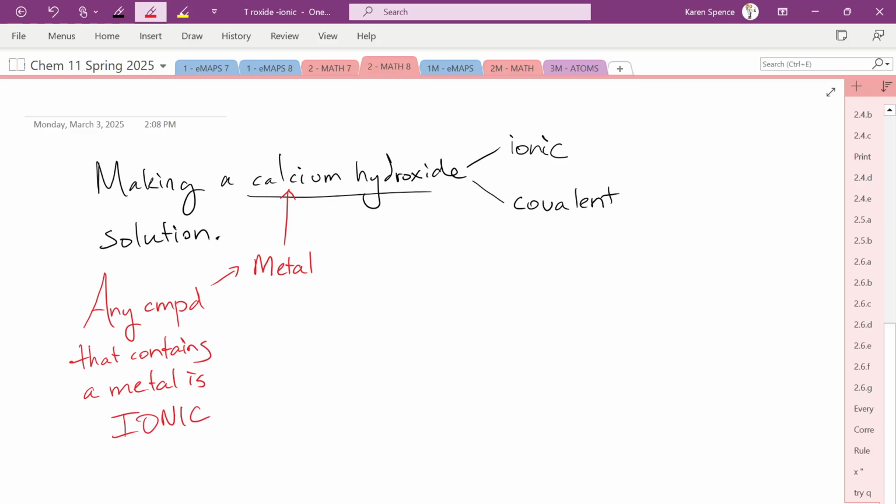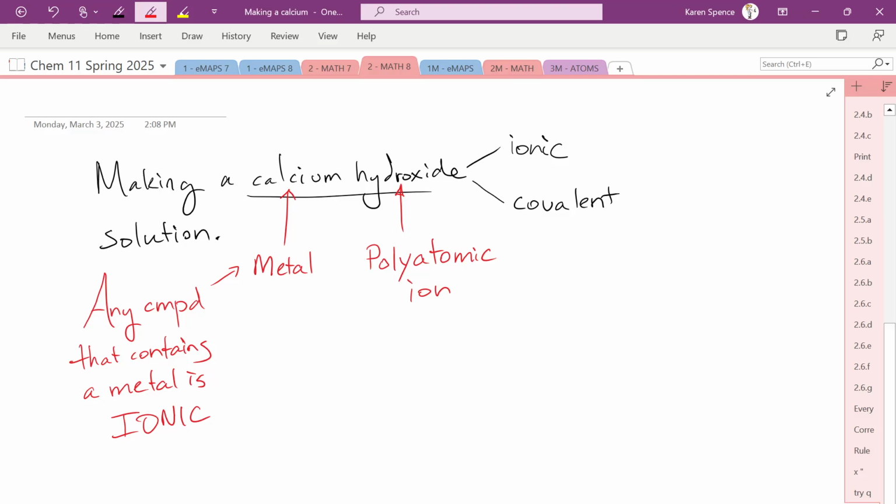All right, so if you see a metal, you're like, oh, ionic. It does not matter what the second part is. In this case, it's not just a plain old non-metal, it is a polyatomic ion.